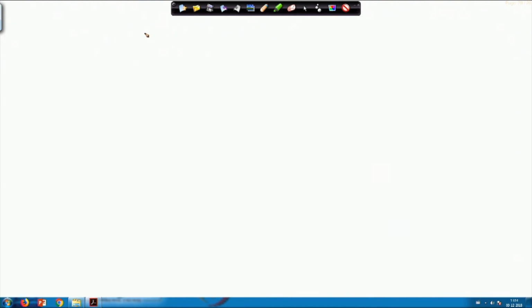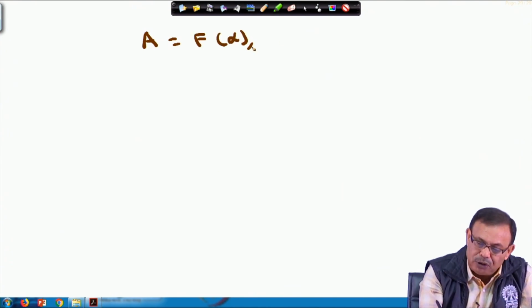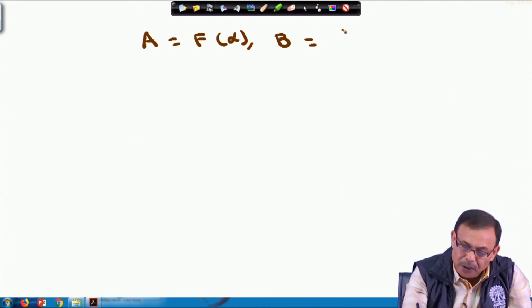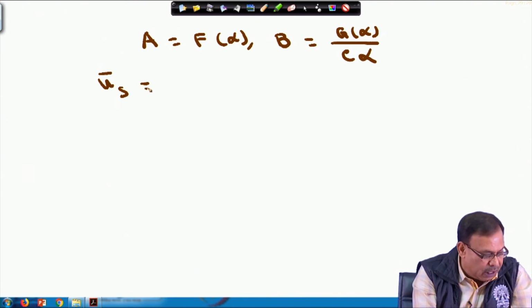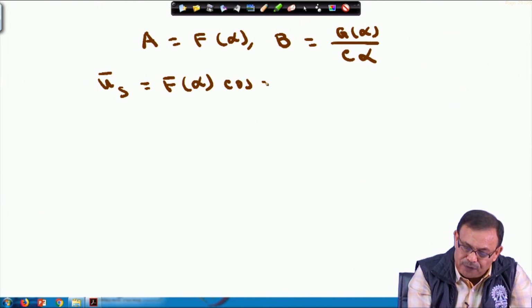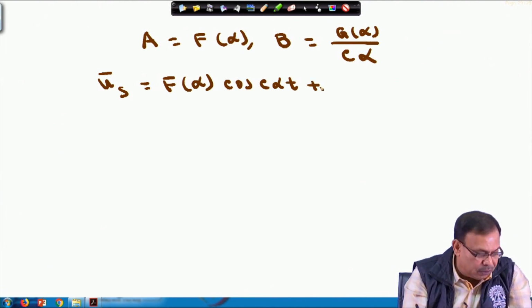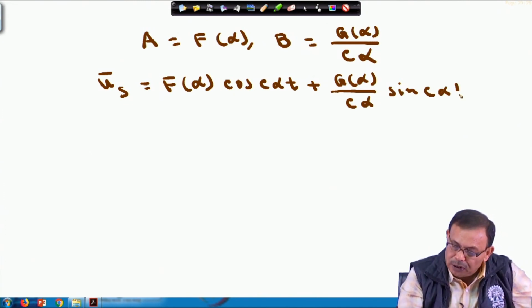So, what are you getting? Your a is F of alpha and your b is equal to G of alpha by c alpha. So, u bar s you can write as F alpha cos of c alpha t plus G alpha by c alpha into sine of c alpha t.